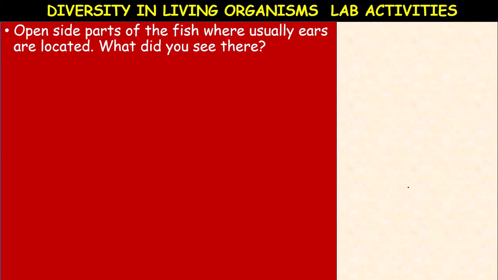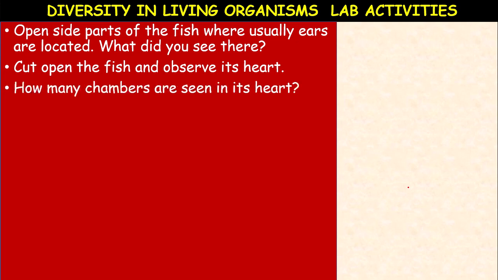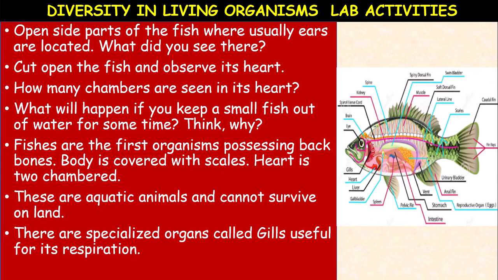Open the side parts of the fish, where usually ears are located. What did you see there? Here, at the side portion, when you open, you can see the eye and the brain part.